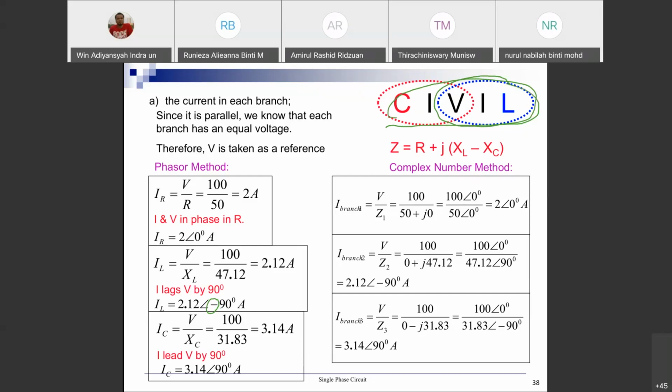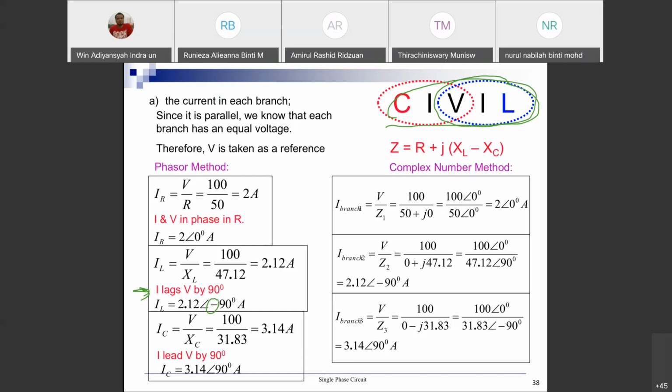V leads I by 90 degrees in inductive. If you turn it the other way around, that means I lags V by 90 degrees. Lags means minus. So it's minus then.